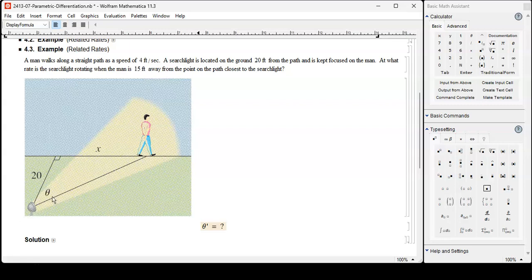The angle is theta, it's a right triangle with 20, and x is the distance the man is currently at from the nearest point to the searchlight, and x is changing because the man is walking away from this point, and the distance is increasing.